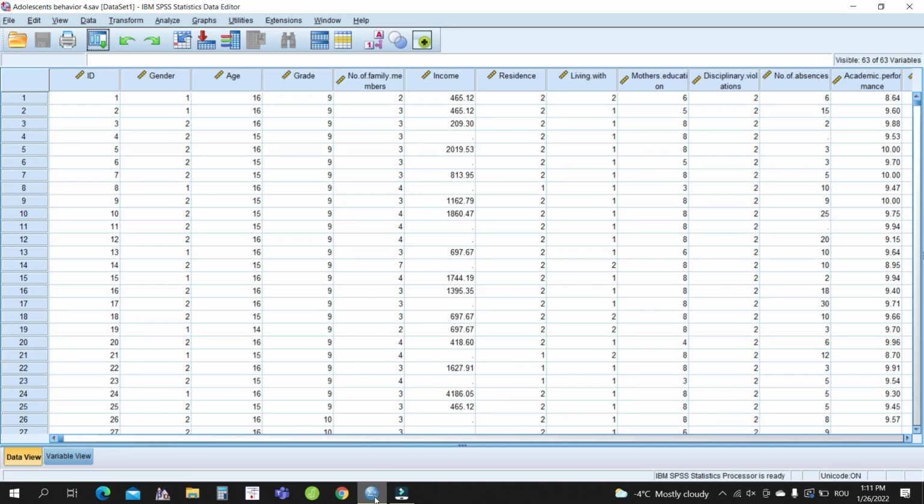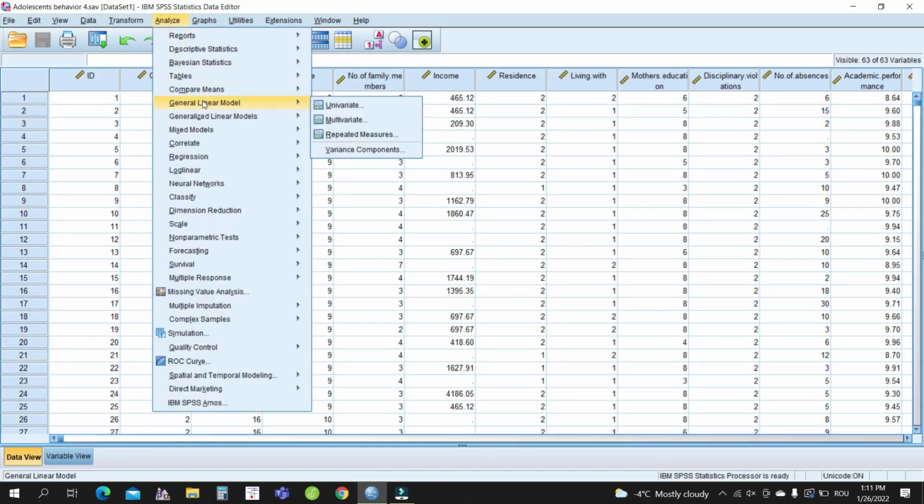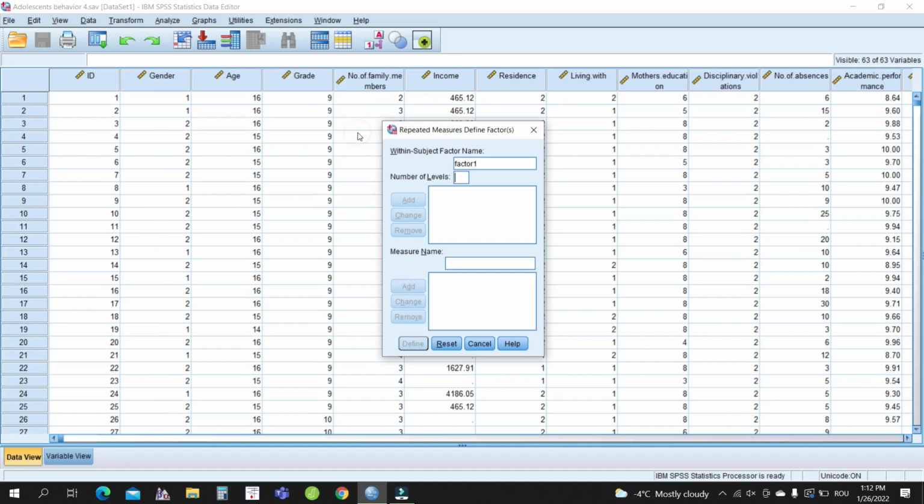So let's begin. First, I will select Analyze, General Linear Model, Repeated Measures. In this window, we have to define first the within subjects factor, which in our case is time. First, we have to name this factor.